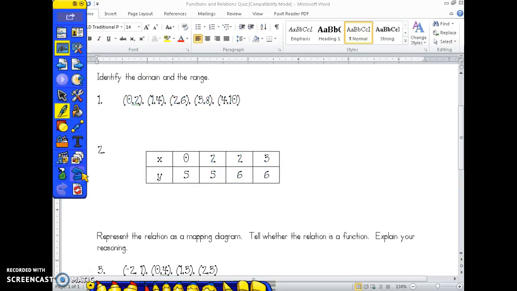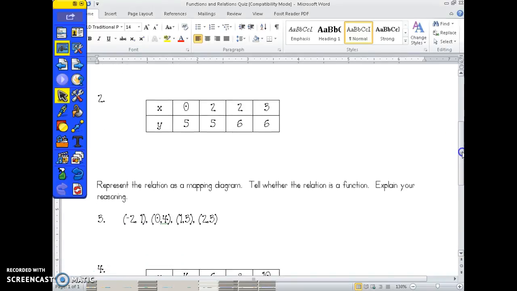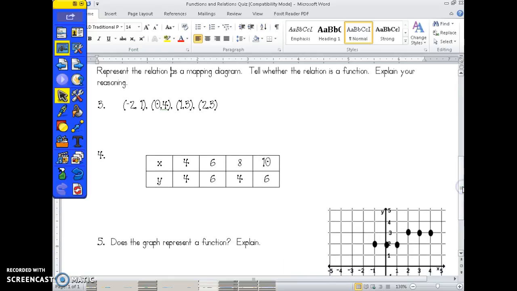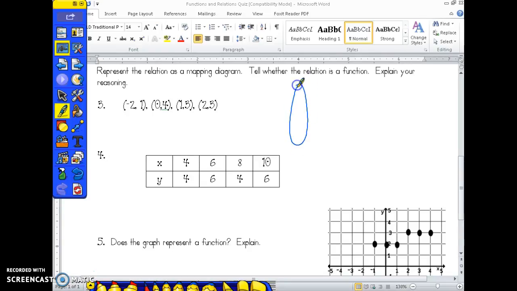Alright, number 3. We're going to represent the relation as a mapping diagram and tell whether the relation is a function. So for a mapping diagram, we put our X from least to greatest. We have -2, 0, 1, and 2.